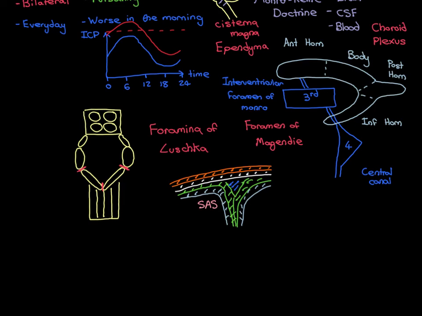This is a way for this CSF to be resorbed into the superior sagittal sinus here, this dural venous sinus. And these structures called arachnoid granulations are going to be all the way along the superior sagittal sinus. And they're also going to be present on other dural venous sinuses, although the superior sagittal sinus is the classical major example where there are loads of arachnoid granulations.